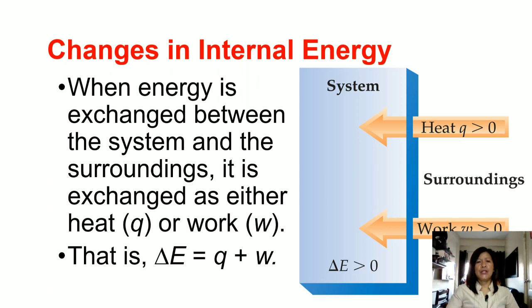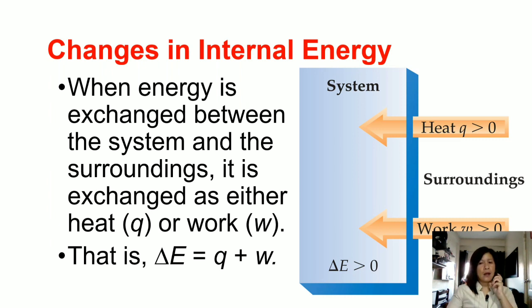Changes in internal energy. When energy is exchanged between the system and the surroundings, it is exchanged as either heat or work. So again, that energy that is either given off or released by the system or absorbed by the system, it's only either way, nag-absorb or nag-lose siya.